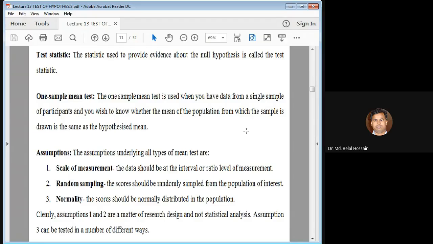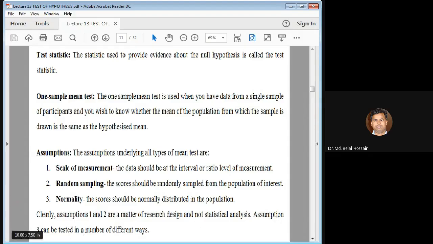So we need some assumptions. First, the data should be at the interval or ratio level of measurement, that is, the data should be numbers. Second, random sampling: the scores should be randomly sampled from the population of interest. Third, the scores should be normally distributed in the population. Clearly, assumptions 1 and 2 are a matter of research design and not statistical analysis.